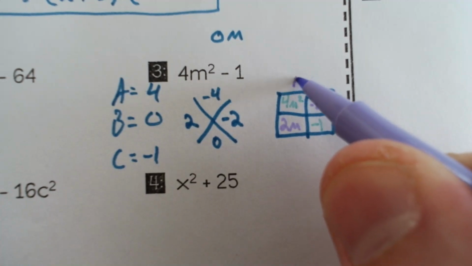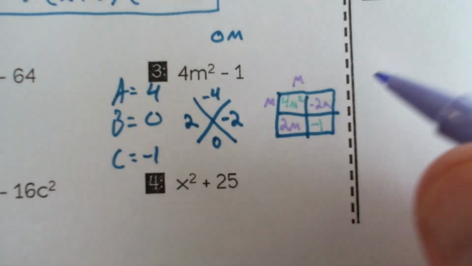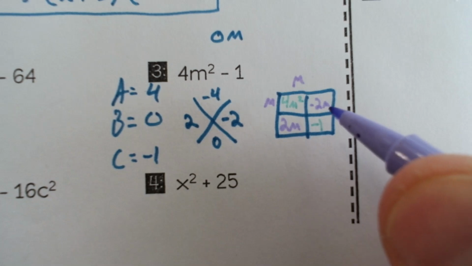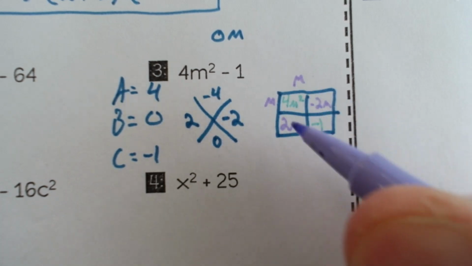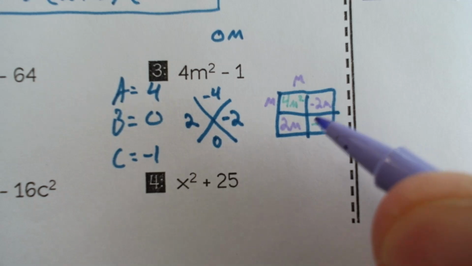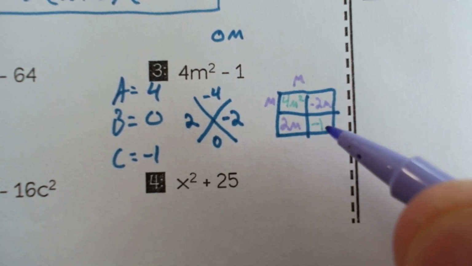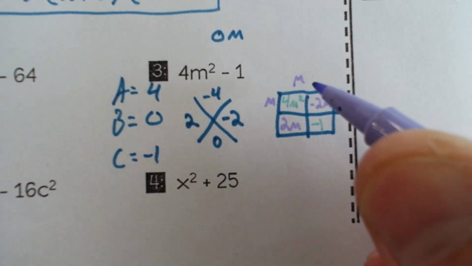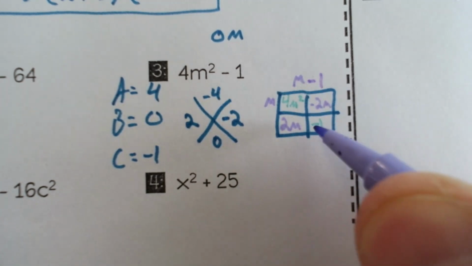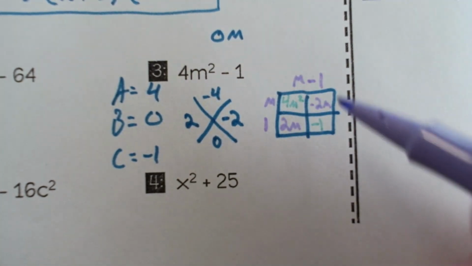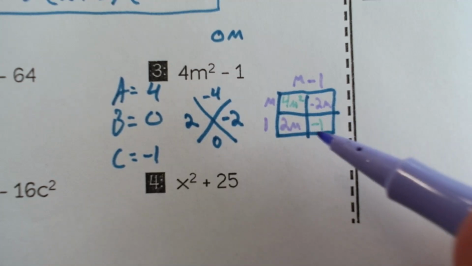So we have m and m. Here we have negative 1. I look for a spot where I know my multiplication has to be something. Like here, this has to be 1 and negative 1, right? And because the negative goes down the column, that means this is negative 1 and this is positive 1. So therefore, this works in this bottom right corner.